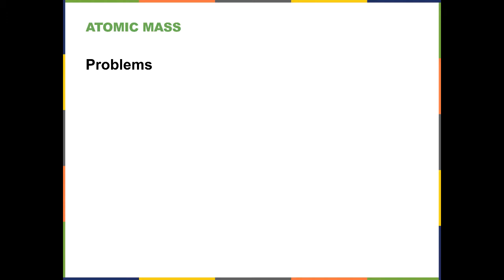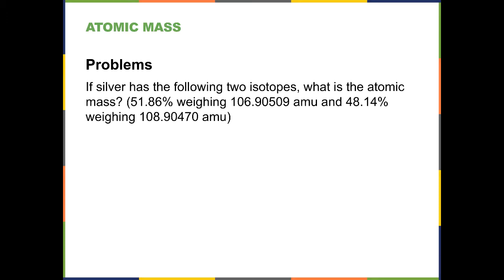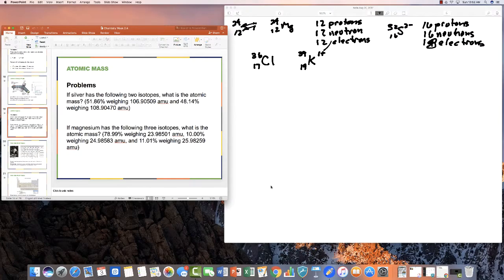So let's take a look now at how these calculations are done. If silver has the following 2 isotopes, what is the atomic mass? And it shows here, I'm not going to read those numbers, but here's how you do this calculation. So it's the weighted average.